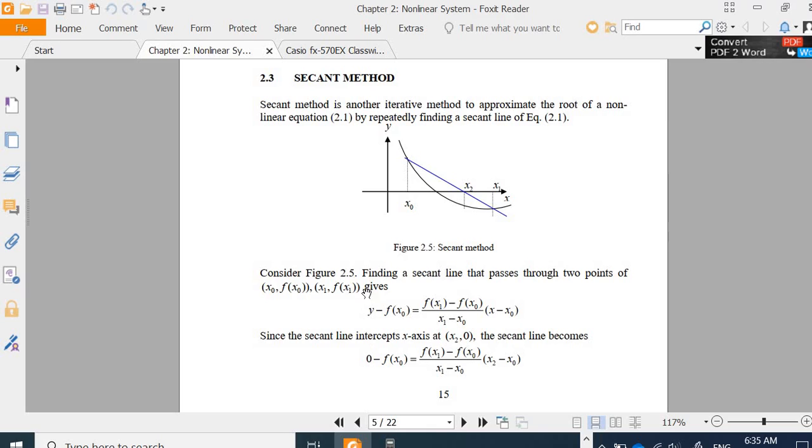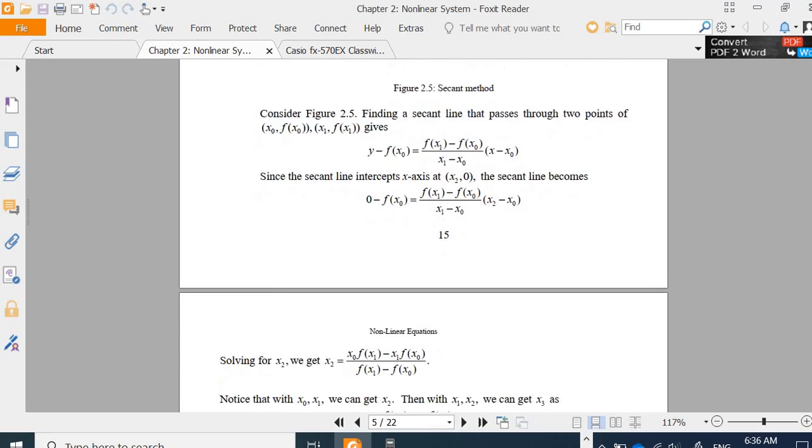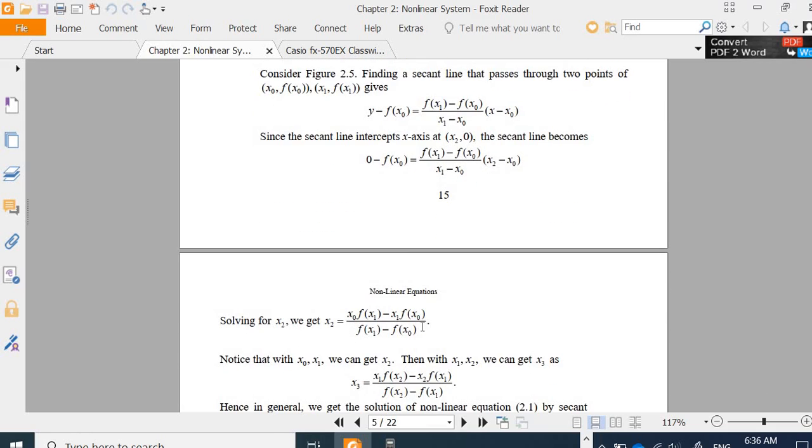The slope is f(x1) minus f(x0) divided by x1 minus x0, multiplied by x minus x0. Then we substitute x equal to x2, because x2 is the intercept, so y equals 0. Solving this equation for x2, you get this formula.